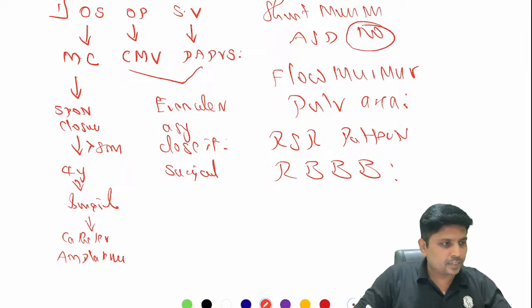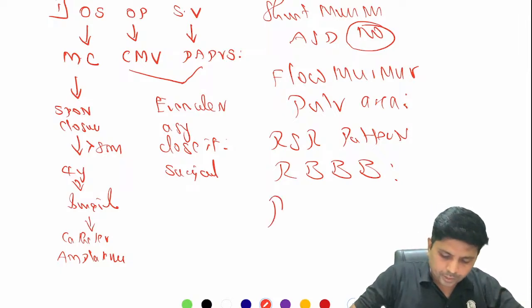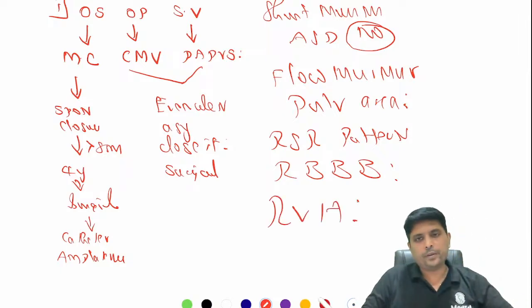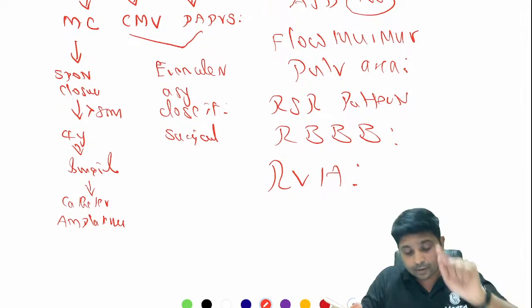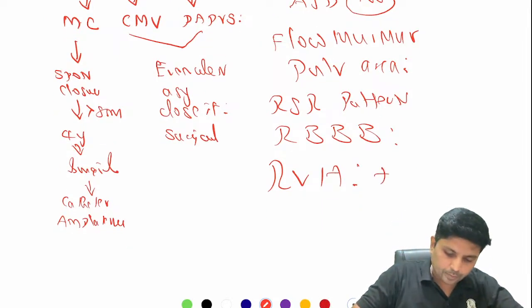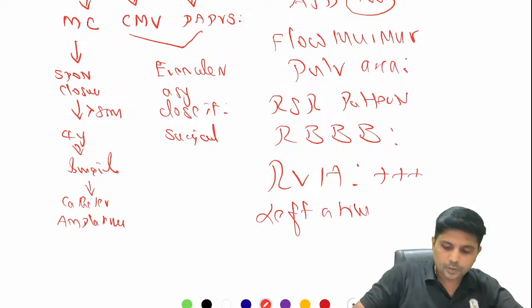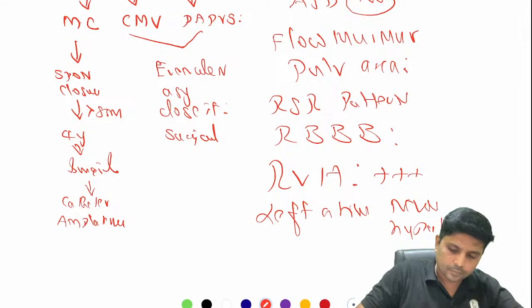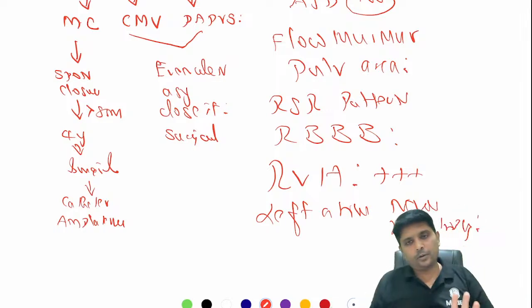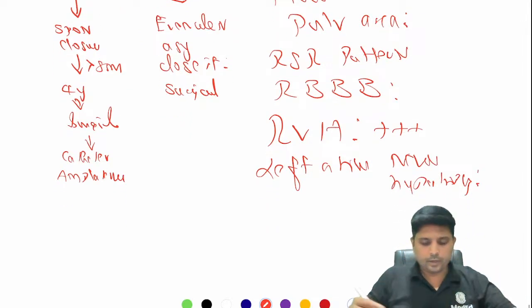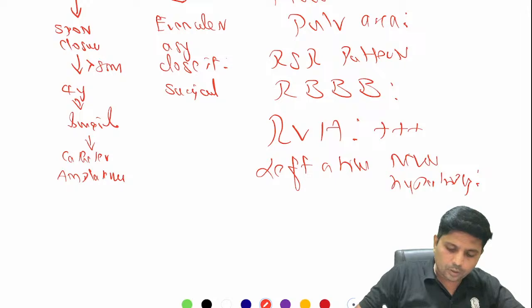What is the first chamber to undergo hypertrophy? Right ventricular hypertrophy. What is the chamber that never undergoes hypertrophy? Left atrium. It never undergoes hypertrophy. So, will you get CCF?